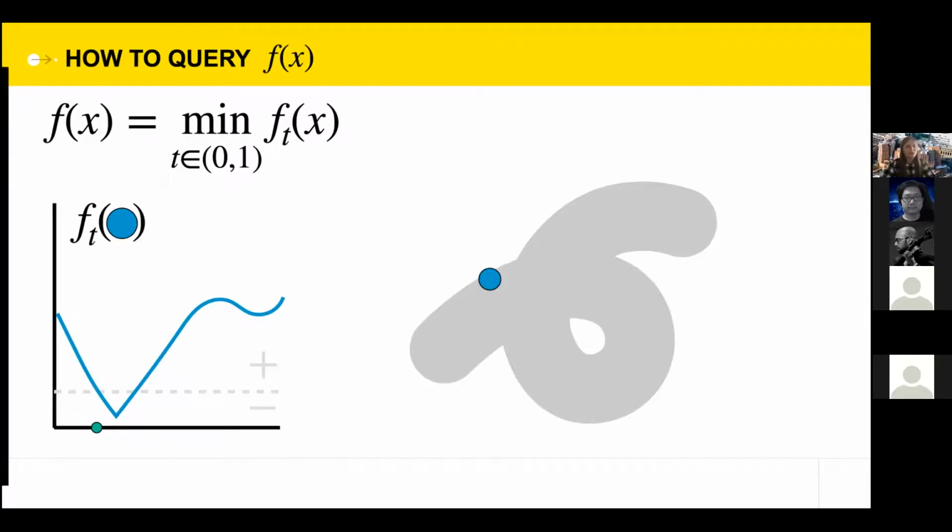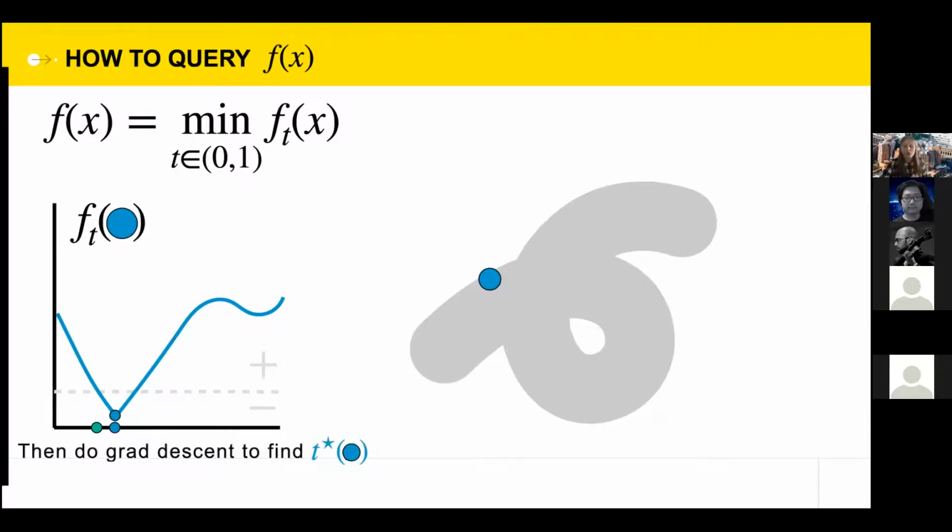So assuming an oracle has told me all the information about the green point, if I move to the blue point, we can always use T star for the green point, which I knew, as a very good starting guess for where T star for the blue point will be. Then from there, we can do gradient descent to find T star for the blue point. We have that new information now.